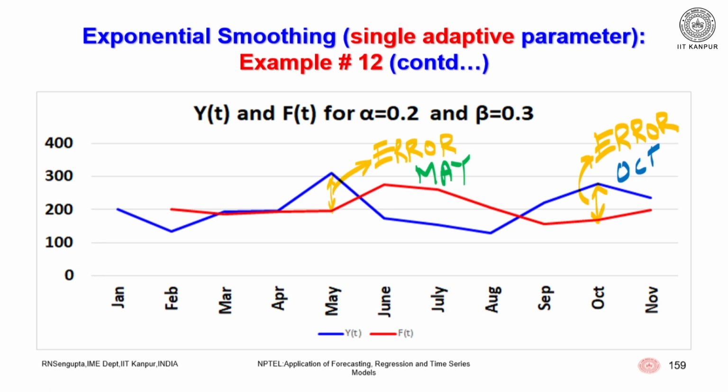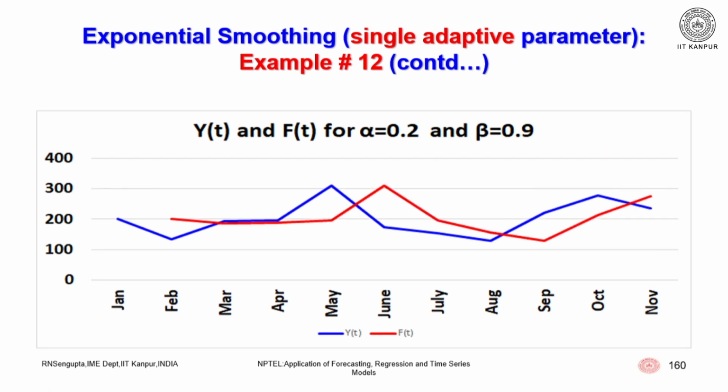Similarly, when I consider a combination of 0.2 and 0.9 corresponding to alpha and beta, again the same coloring scheme for Y, which is dark blue, and F, which is red.